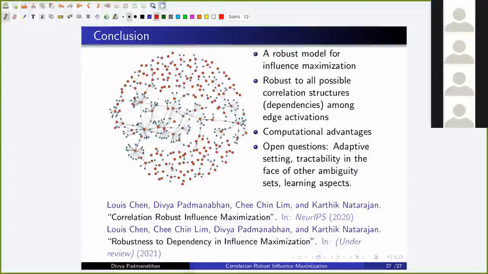One is the Wasserstein distance-based ambiguity set, where you have samples of the uncertain quantity, you construct an empirical distribution, and then look at all distributions within some radius around the empirical. Of late, there's been a lot of work on using Wasserstein distance-based sets in the context of learning. So all these problems are still open, and there's a lot of potential for these kinds of models.